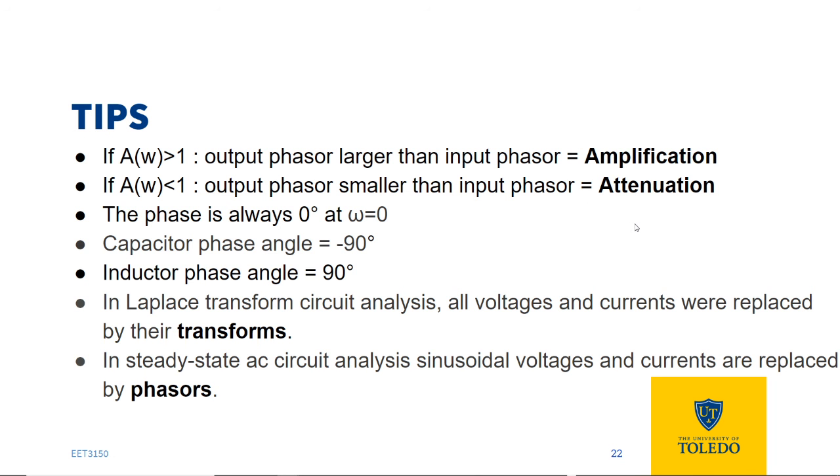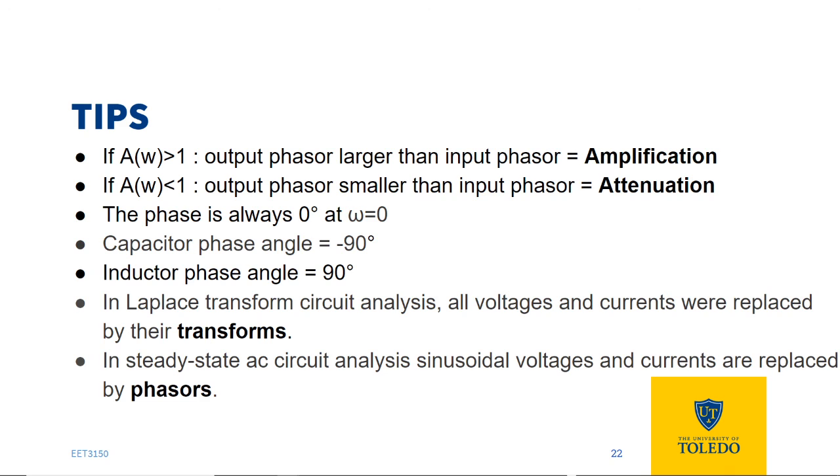Tips. If A of omega is greater than 1, output phasor larger than input phasor equals amplification. If A of omega is less than 1, output phasor smaller than the input phasor equals attenuation. The phase is always 0 degrees at omega equals 0.